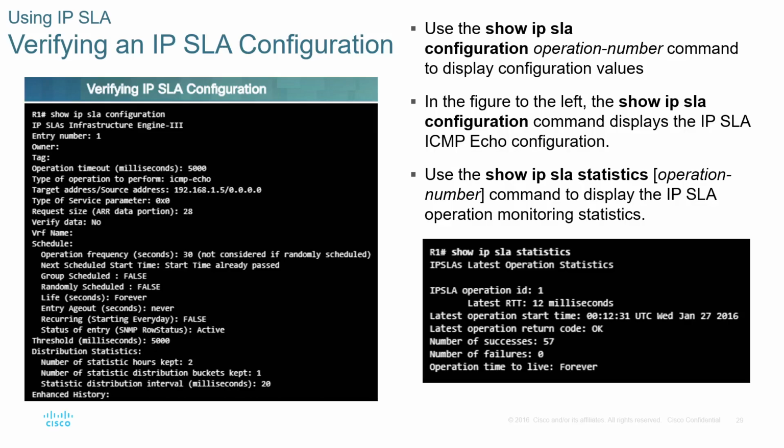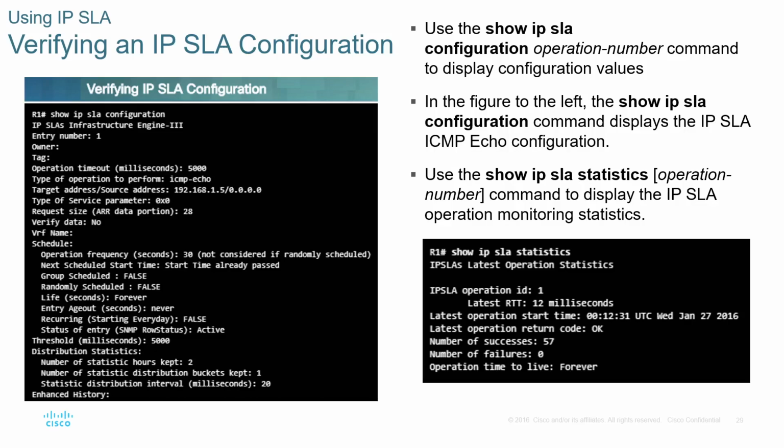Once we configure IP SLA, we can verify the configuration with the command show IP SLA config and also show IP SLA statistics. With show IP SLA config, we're going to be able to see everything that we configured, the type of tests that are being executed, the destination of the test, and also the schedule as well.